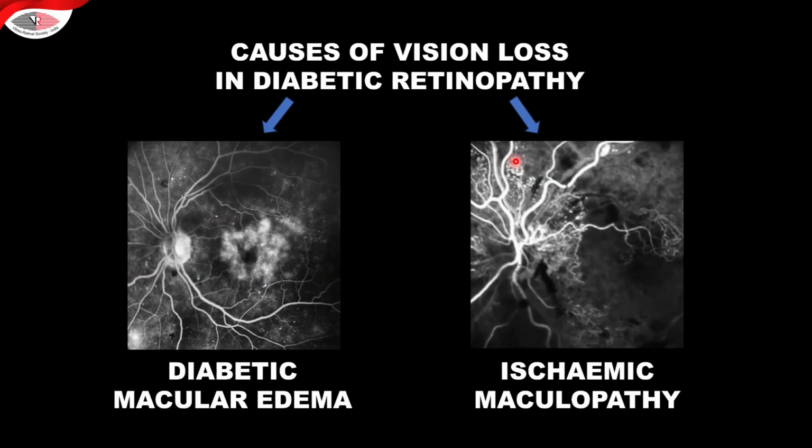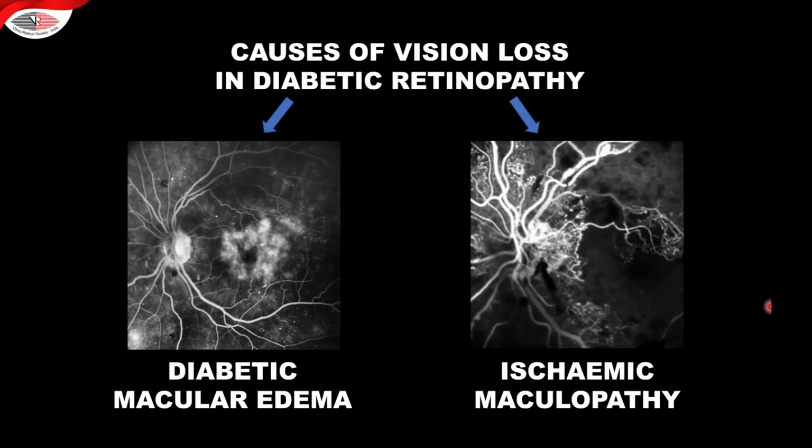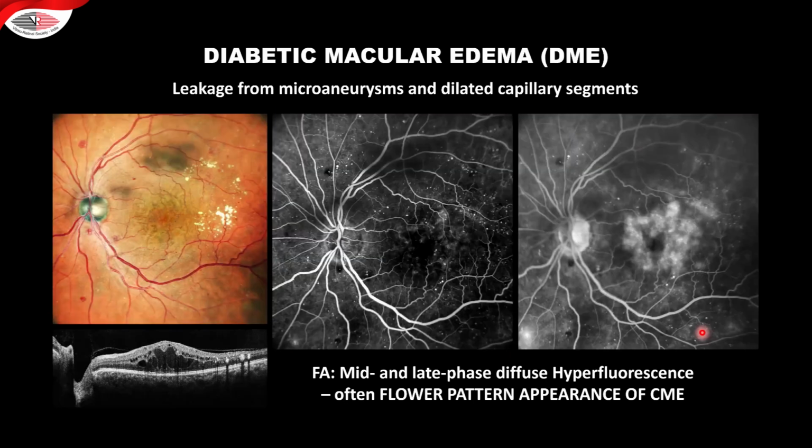Causes of vision loss in diabetic retinopathy are most commonly diabetic macular edema and ischemic maculopathy. So the leakage from microaneurysms and dilated capillary segments leads to this diabetic macular edema. OCT shows you a very nice cystoid change, which is how we diagnose most of the time.